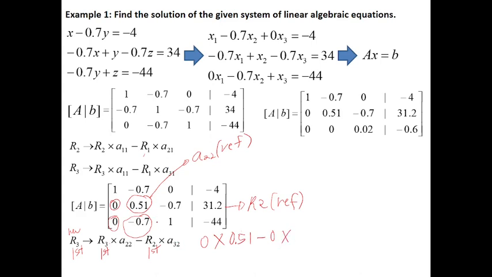Saan ang A32? Ito yung A32, yung negative 0.7. Anong sagot? 0. Kaya nakuha yung 0 na to. R3 new, first element niya is 0. Gets nyo, class?